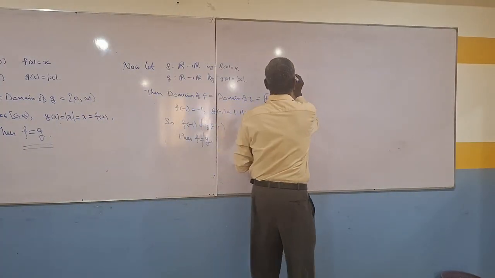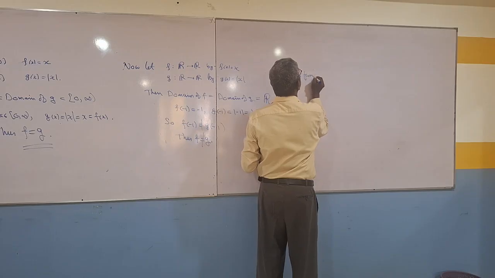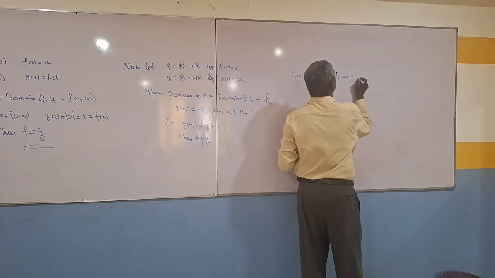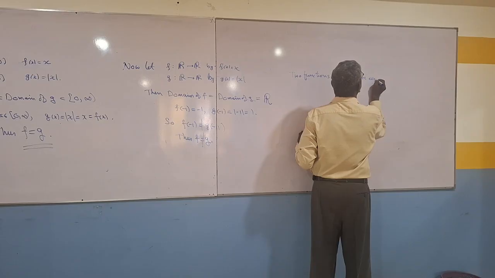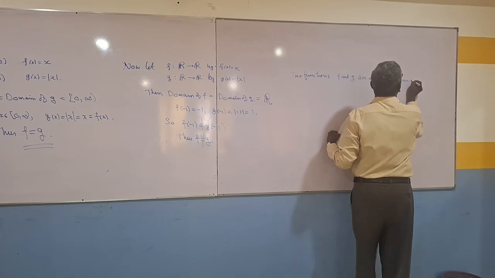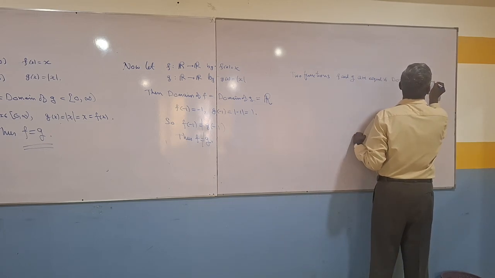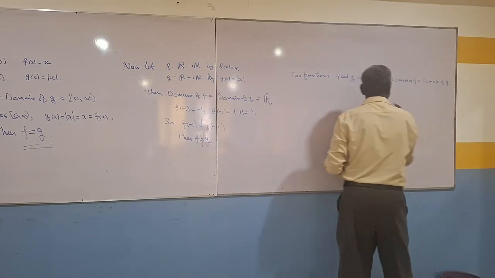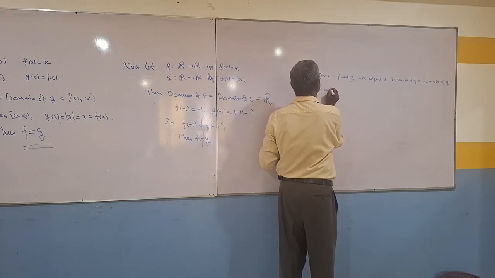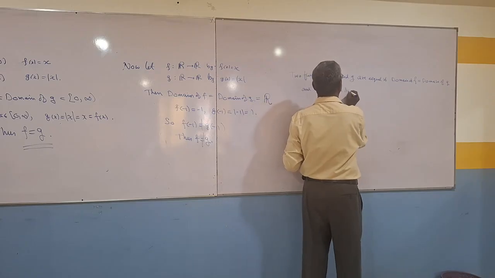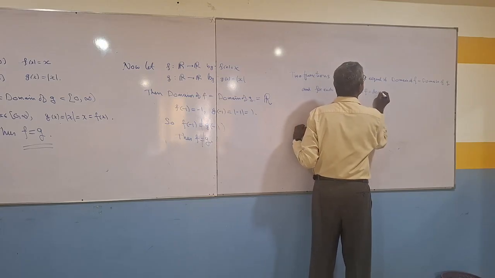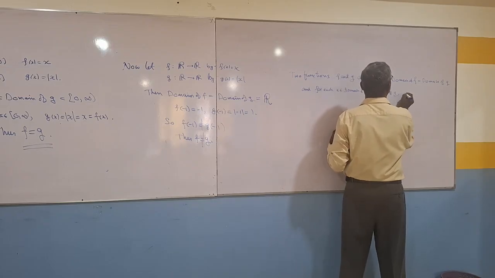Two functions f and g are equal if domain of f is equal to domain of g, and for each x belonging to domain of f, which is equal to domain of g, f(x) equals g(x).